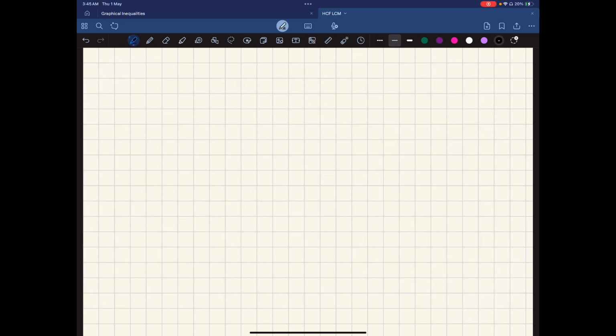Let's begin with prime factorization. Prime factorization basically means breaking a number down into the prime numbers that multiply together to give you the original number. What is a prime number?